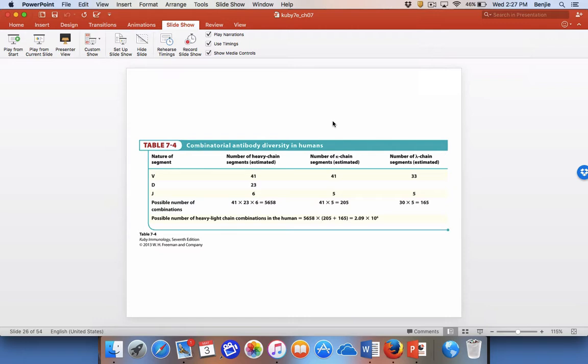You've got multiple genes for the variable regions, the D and the J regions in the heavy chains, and the V and J regions in the light chains. You have just a few of the constant regions. But by having these multiple gene segments, you get greater diversity of possible receptors being produced.